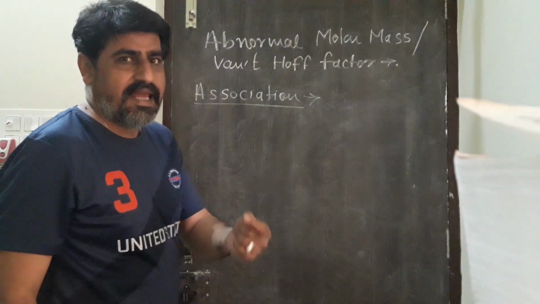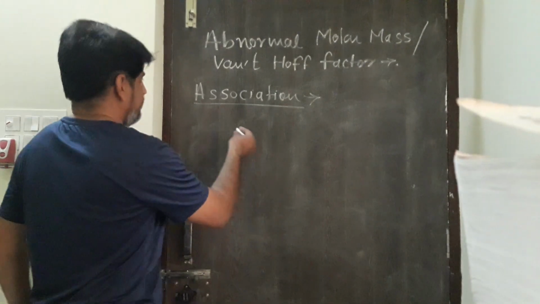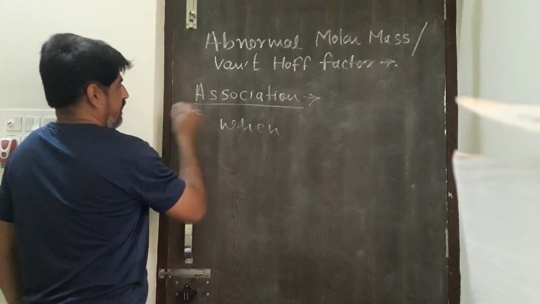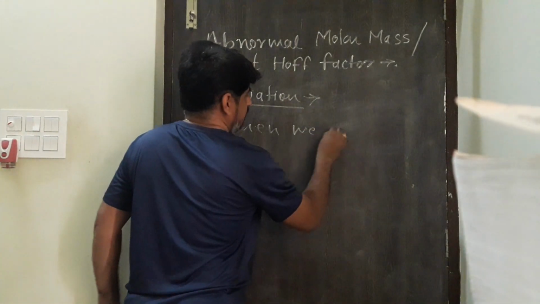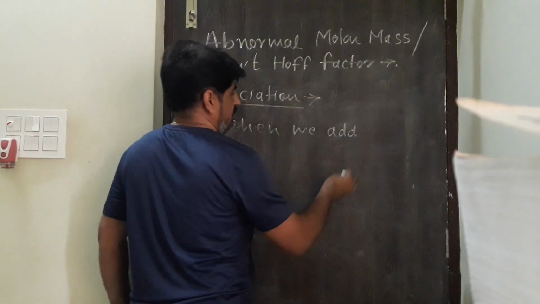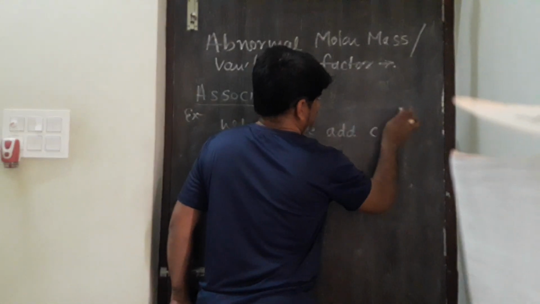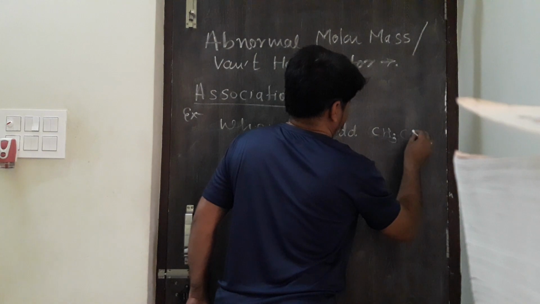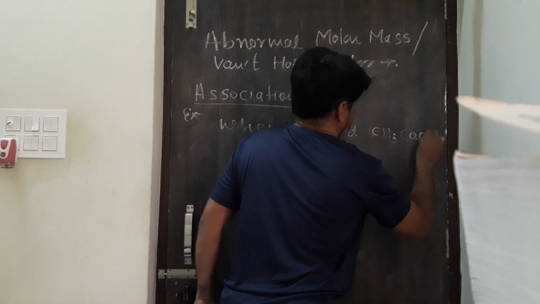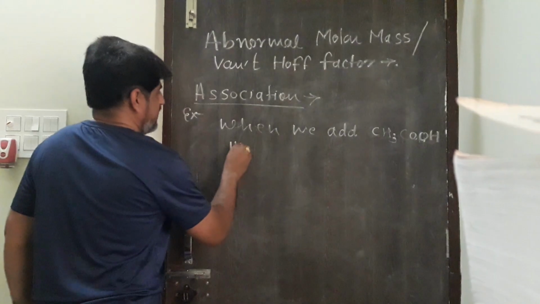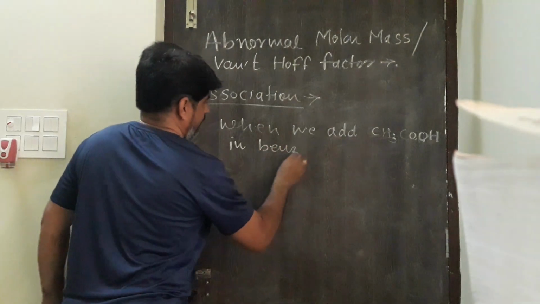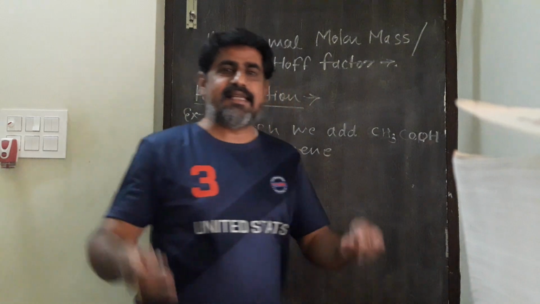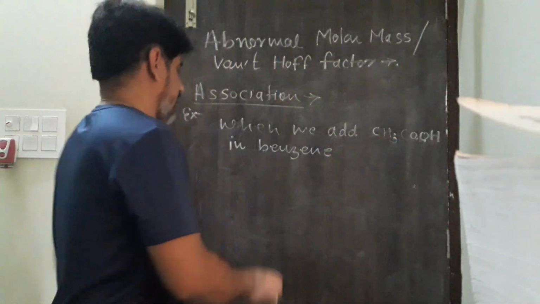For that I am taking an example. When we add CH3COOH, ethanoic acid, acetic acid, in benzene, two molecules of ethanoic acid form a dimer like this.